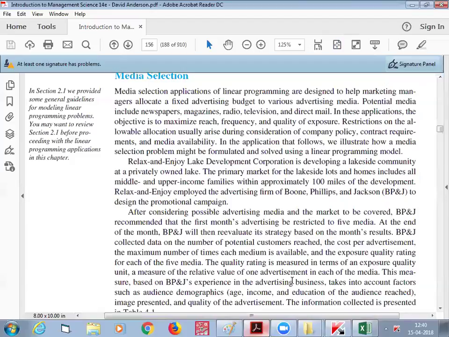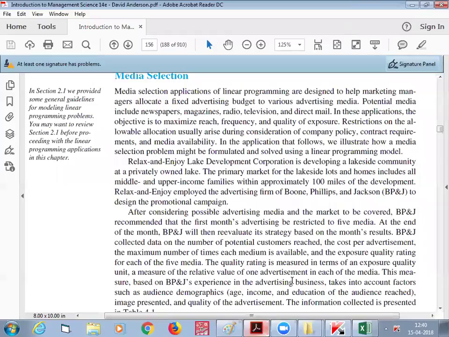So what is media selection? Trying to determine which media to invest in, to advertise in, and how many advertisements to put in each media. A very common type of application. Media selection applications are designed to help marketing managers allocate a fixed advertising budget to various advertising media.